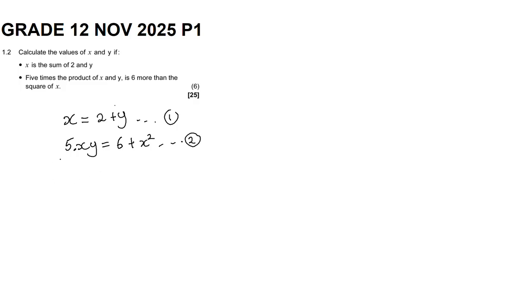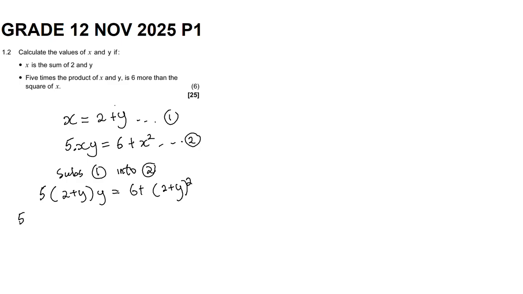Equation 2, guys. So now you just have to substitute equation 1 into equation 2. That means from equation 2, everywhere we have x, we're going to replace it with 2 plus y. So we're going to have 5 times (2 plus y) times y equals 6 plus x squared, which is (2 plus y) all squared.